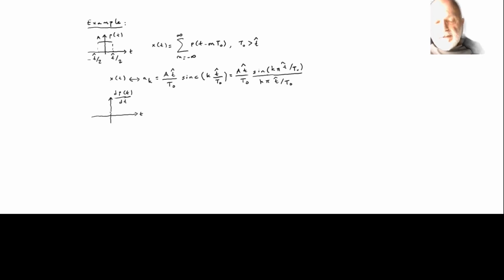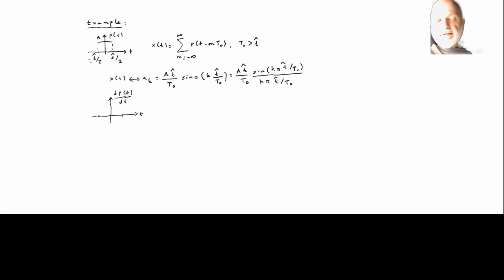Now this signal is in fact composed of two impulses. Why? Because P of t is equal to 0 outside this interval from minus T cap over 2 to T cap over 2, and within that interval it is equal to the constant value A. So the derivative is 0 everywhere except these two points, minus T cap over 2 and T cap over 2.